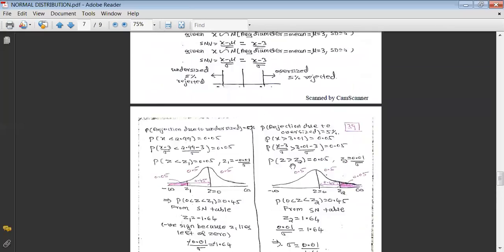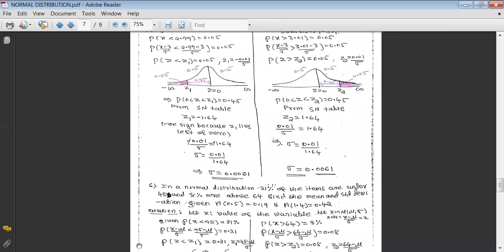If I take from the normal table the Z1 value as 1.64, since this Z1 lies left of 0, it is attached with the negative sign. And here again, for 0.45 above that, the corresponding Z2 value is 1.64 only.